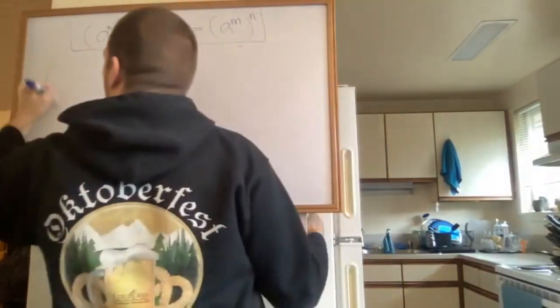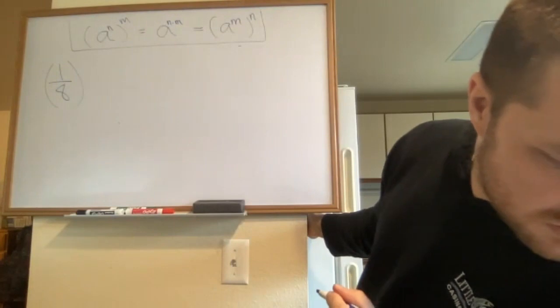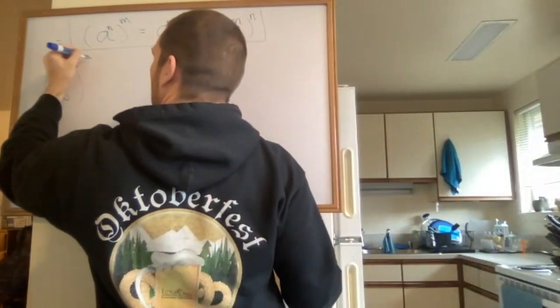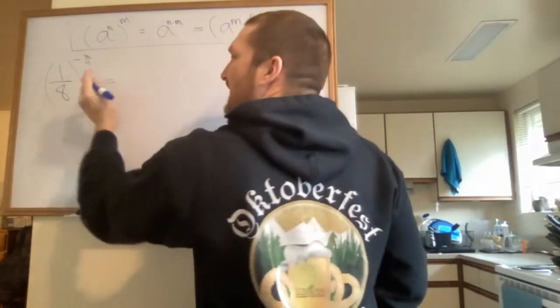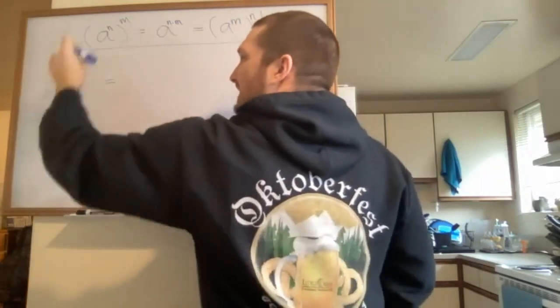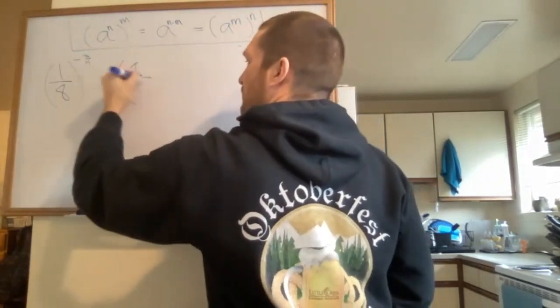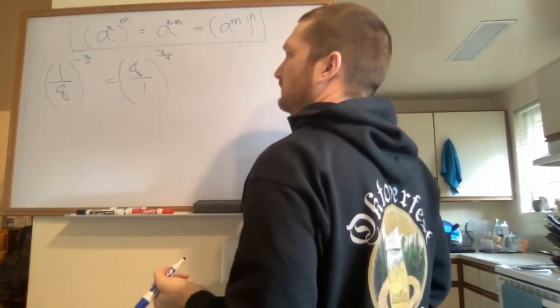So for instance, if I have 1 over 8 raised to the negative 3/4, I'm just going to think, well, hold up, a negative exponent with a fraction simply means flip the fraction and make the exponent positive. Oh, that's easy.